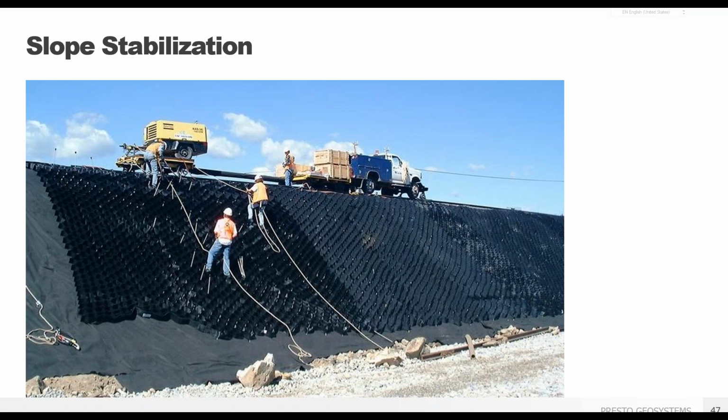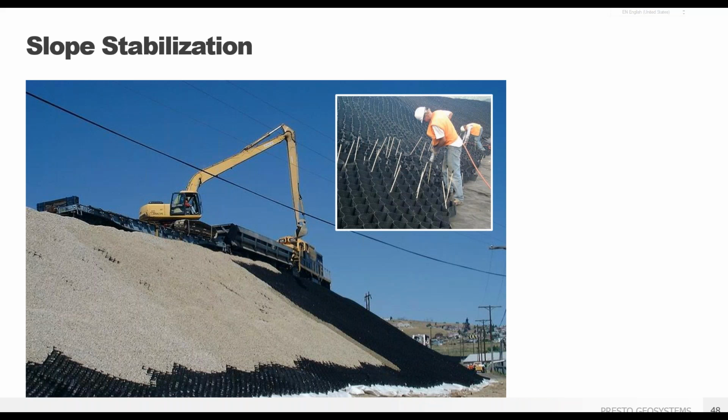Here we see the workers installing the stake anchors to keep the GeoWeb section in place. And we see the panels being infilled with crushed aggregate. Infill is done from the top down to prevent panel overstretching.